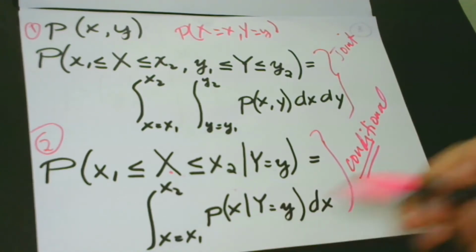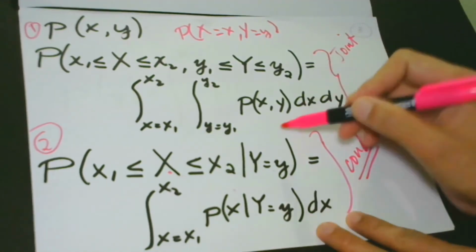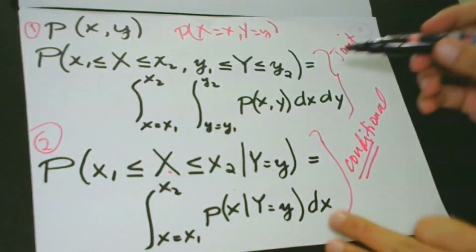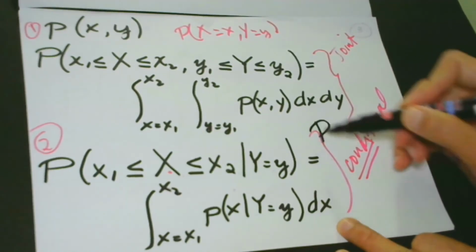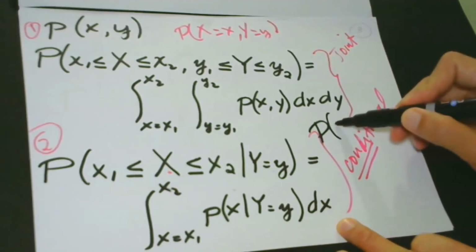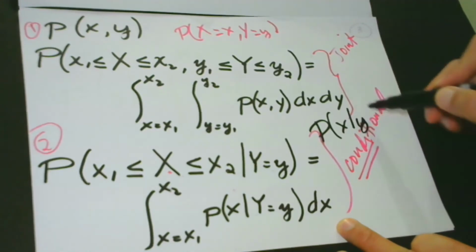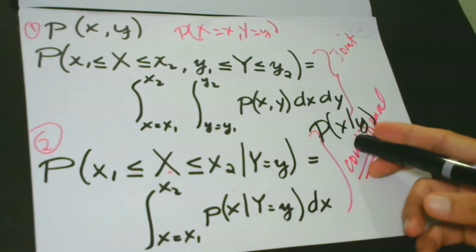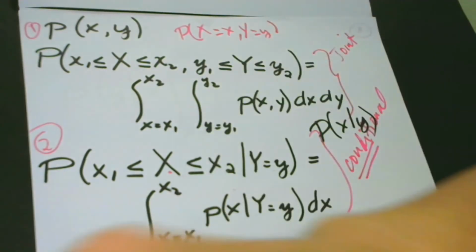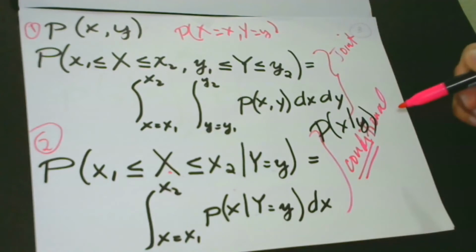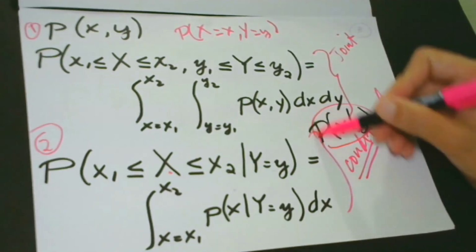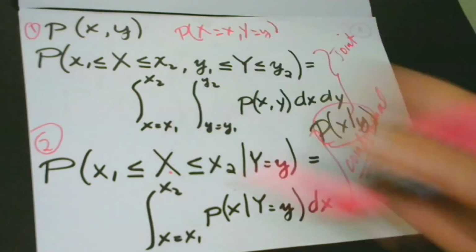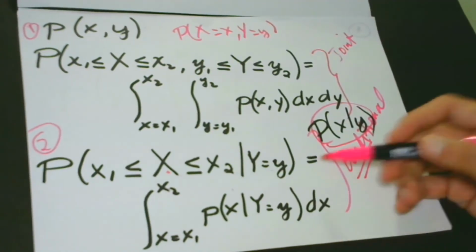is small y. So let me write that. Okay, here. I think I need to use the black one. So we have P(X | y). So we have the probability of X given y. Transforming this statement into another statement for clarity, then we have this.